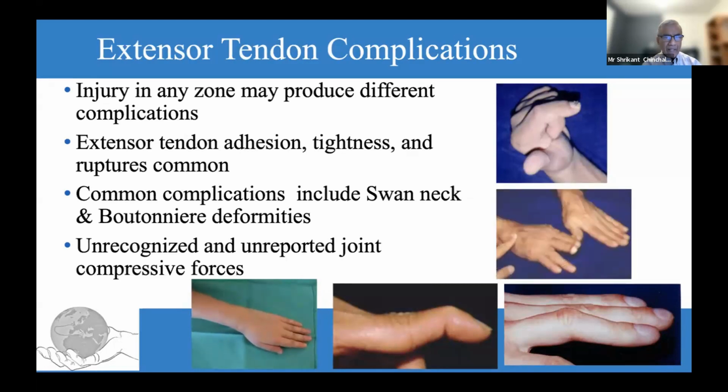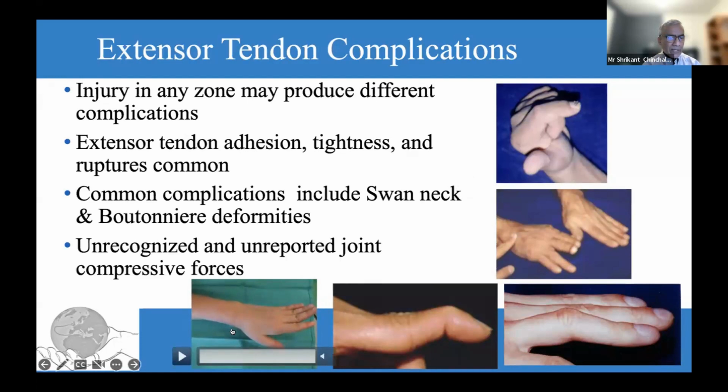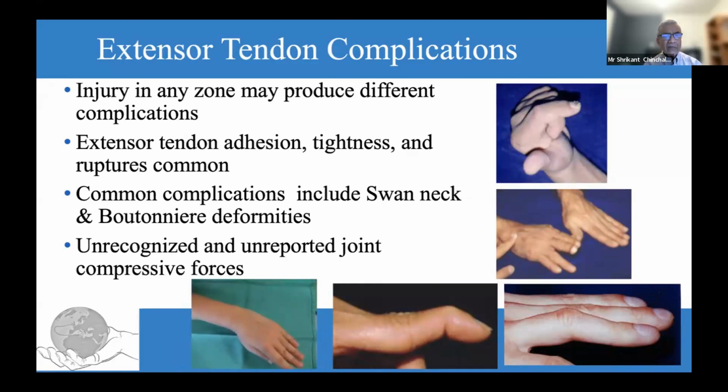In the video that you see on the left-hand side, this patient had first extensor compartment tendons repaired. As a result, the tendons had difficulty gliding beneath the extensor retinaculum. You can see that the person is able to perform some radial deviation. However, ulnar deviation is just not possible because of loss of freedom of tendon motion beneath the extensor retinaculum.